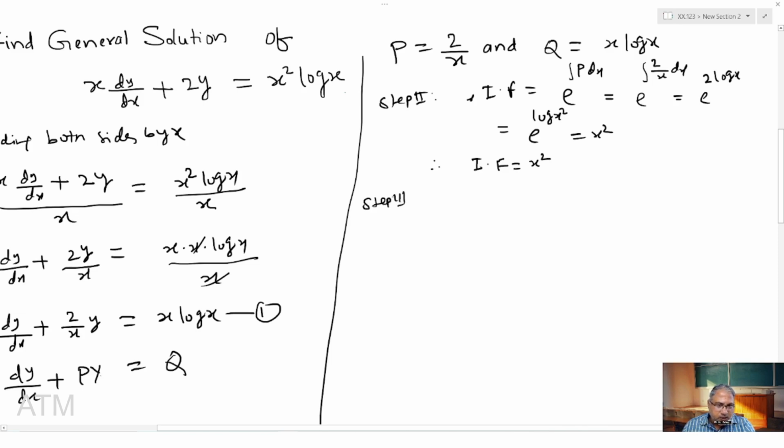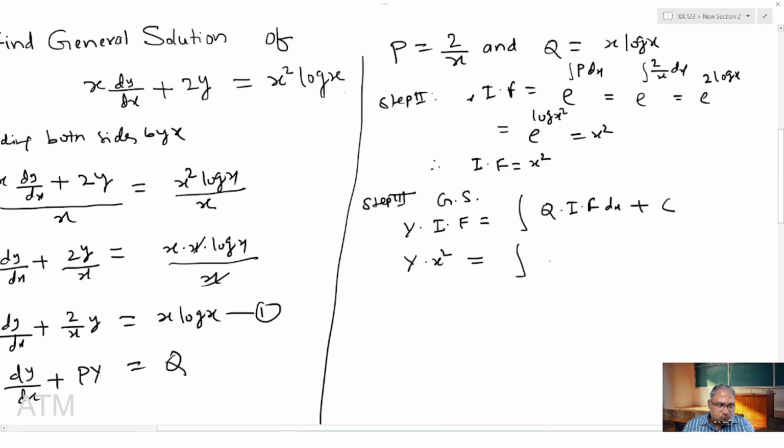Step 3, applying the general solution formula. General solution is given by y into integrating factor equals integration of q multiplied by integrating factor with respect to x plus c. So integrating factor is x square.